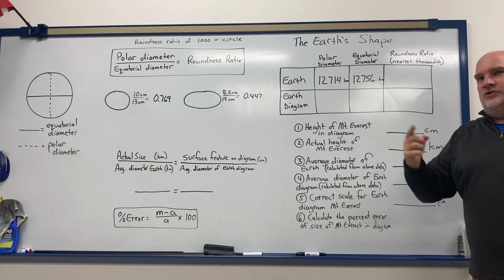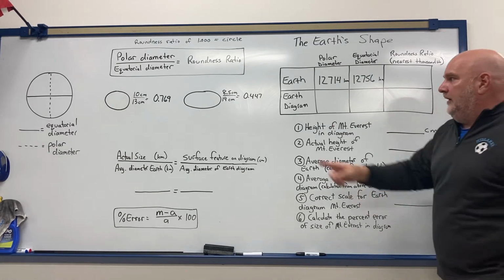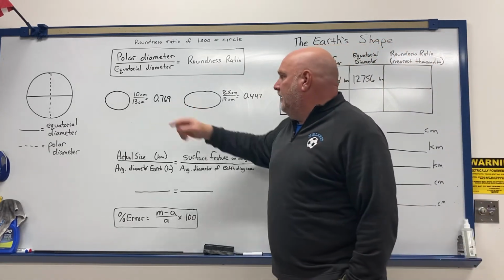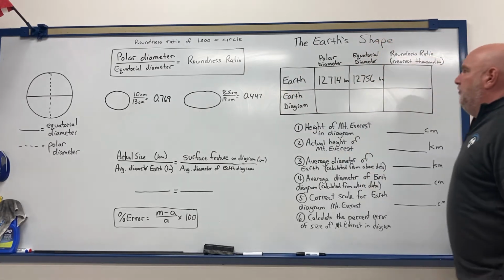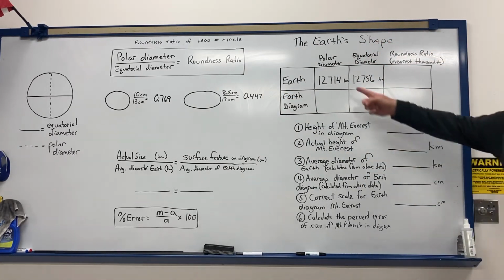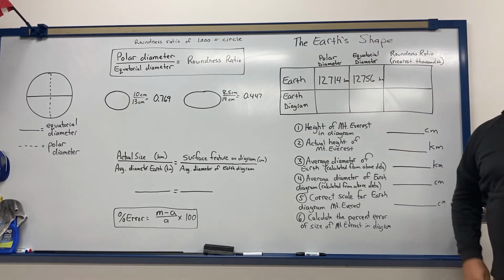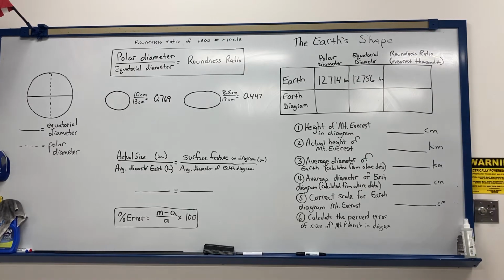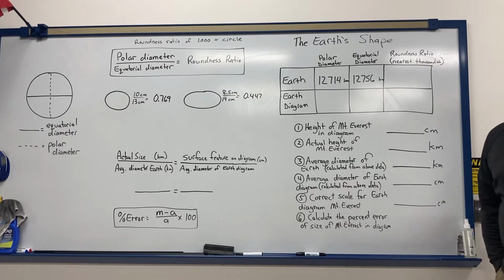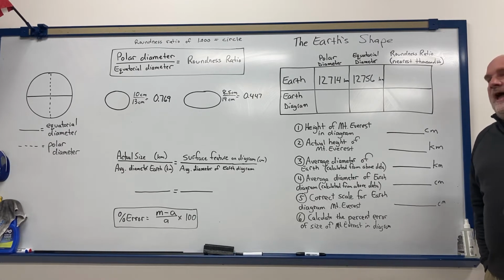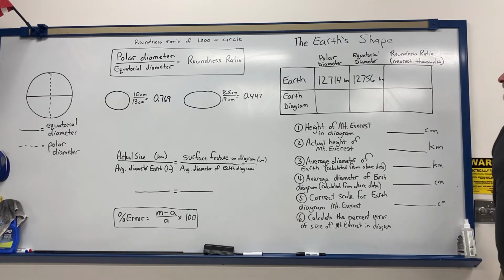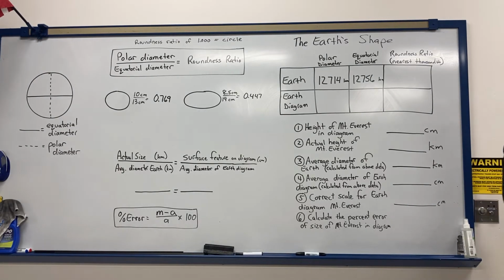Nearest thousandth means you're rounding it to 3 places out, like I did right there and right there. So that number divided by that number. It should have worked out to be like 0.9 something or other. All right, so you should have that by now.